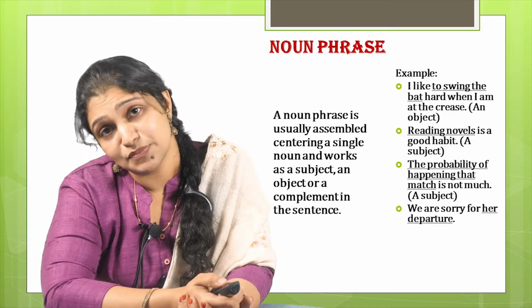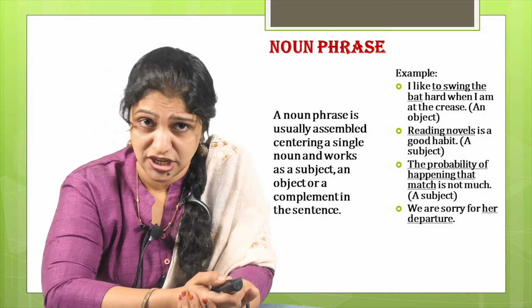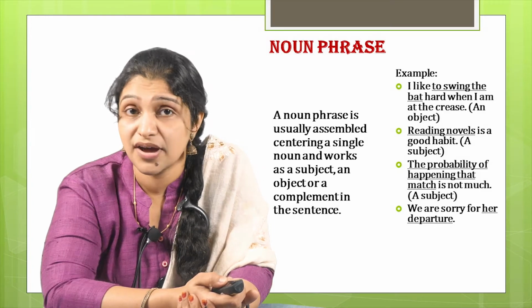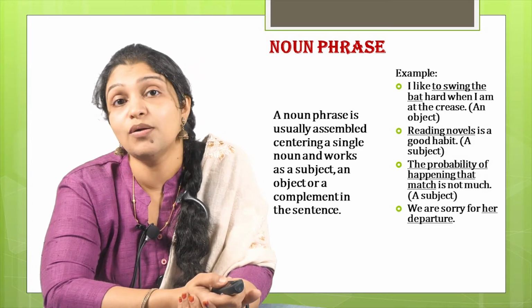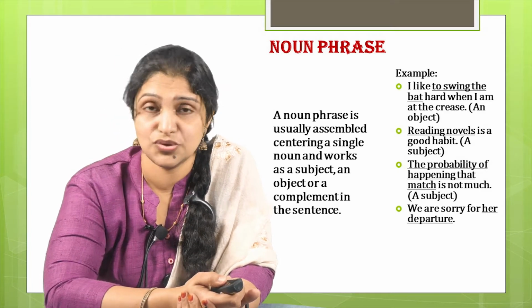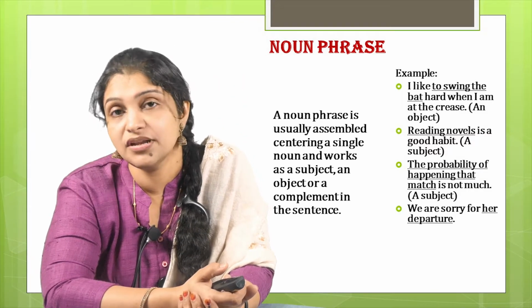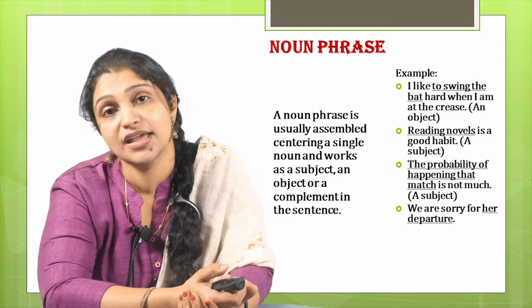Most often, these modifiers may be adjectives, articles, and even prepositional phrases. The modifiers may also be determiners. So a noun is dominant, along with several other modifiers, including determiners.